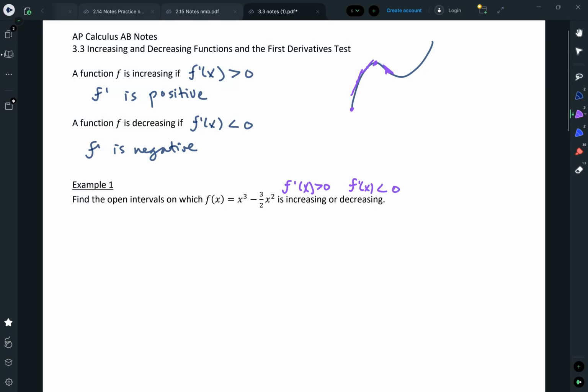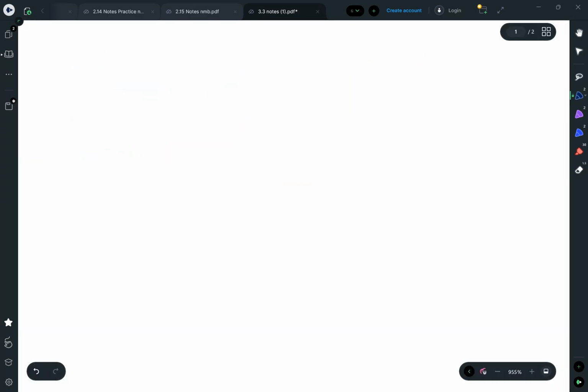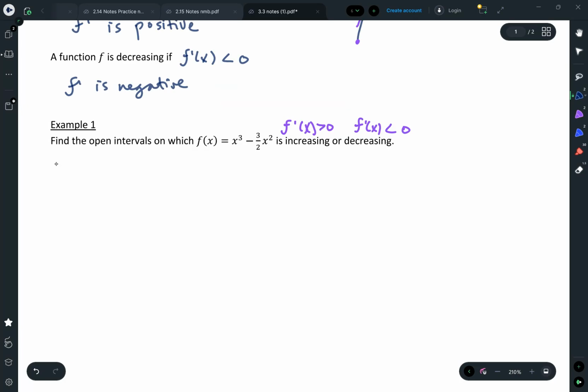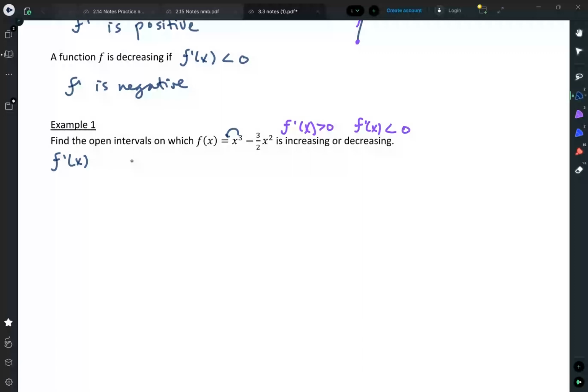First, we're doing all those same steps that we did for relative max, relative min. We start by taking a derivative. Sorry about that. Let's take our first derivative. I bring the 3 in front, make it an x squared. Bring the 2 in front, 3 halves times 2 is just 3, and now we've got x to the first power.